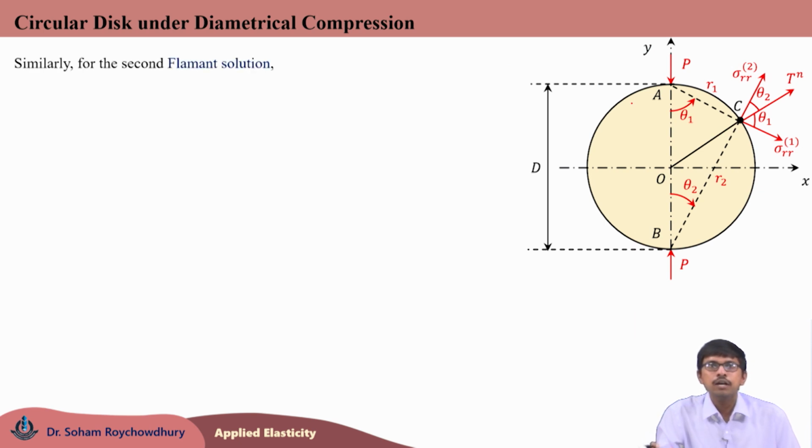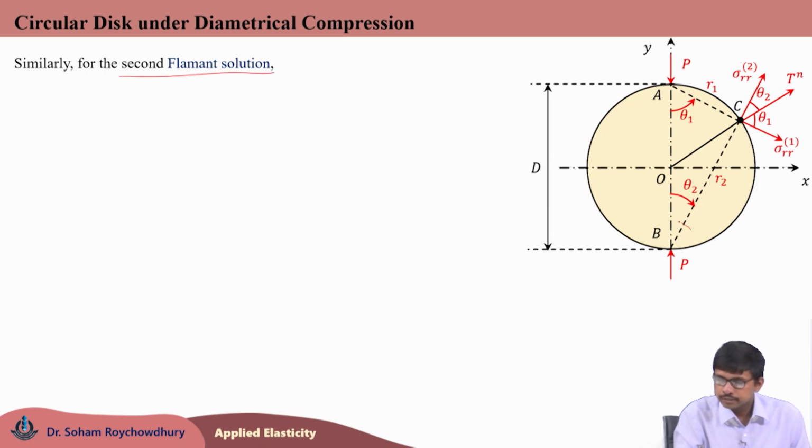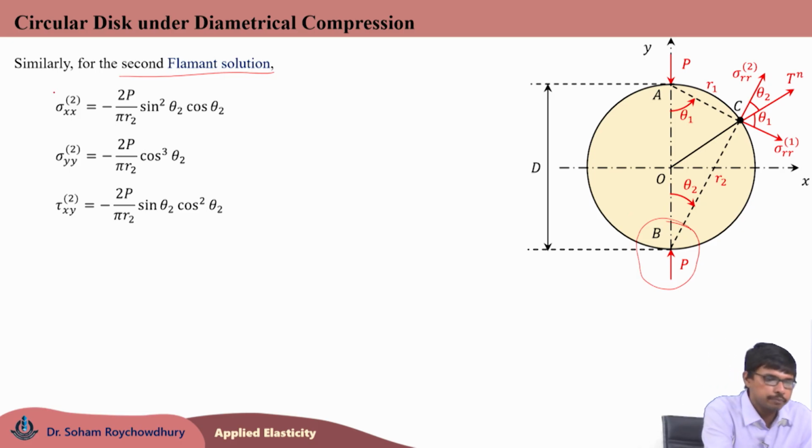Now, similarly, we can obtain the solution for the second Flamant problem, that is, considering the effect of the P applied at point B, where the radial coordinate is r2 instead of r1 and the angular coordinate is theta 2 instead of theta 1, centered at point B. So, using a similar method we can convert the second Flamant solution stress field from polar coordinates to Cartesian coordinates, and sigma xx2, sigma yy2 and tau xy2 can be obtained like this.